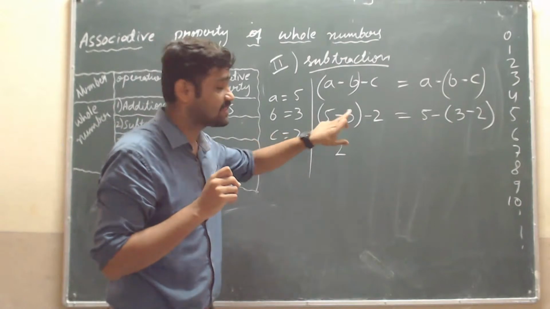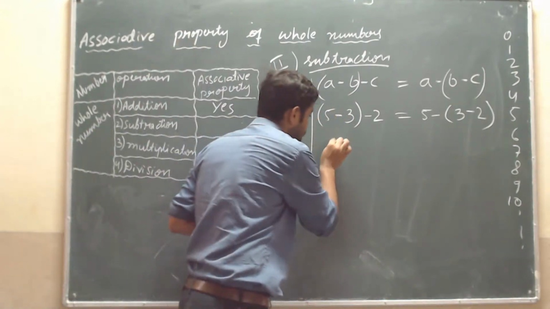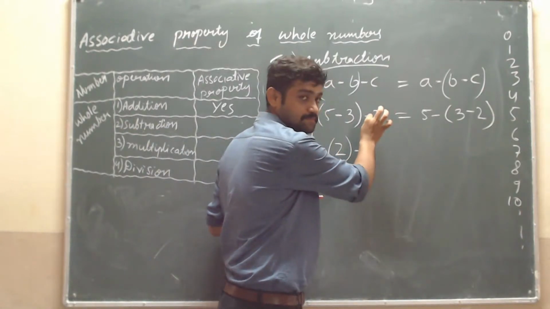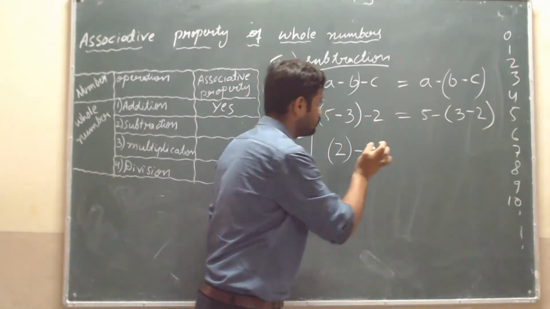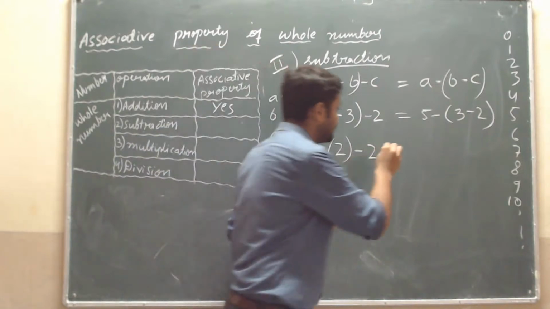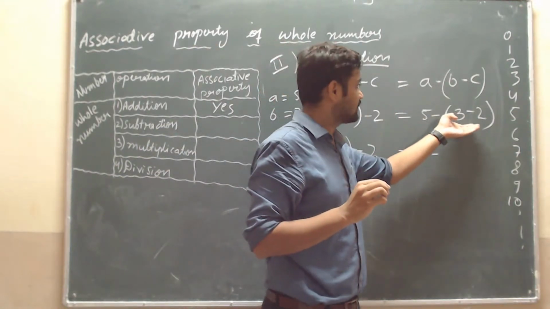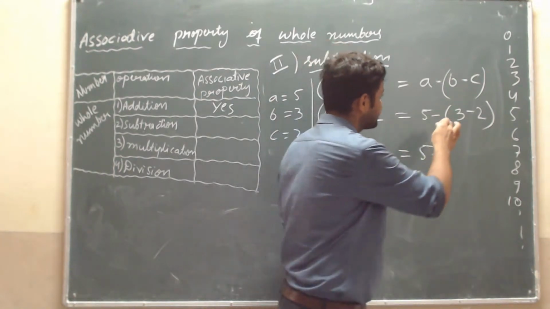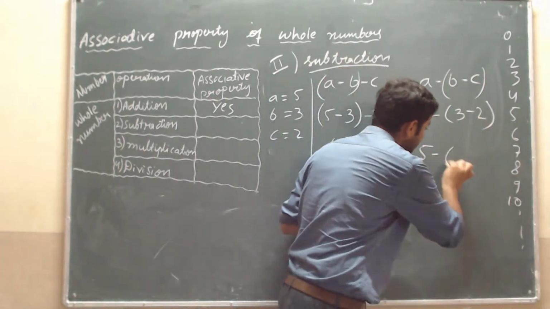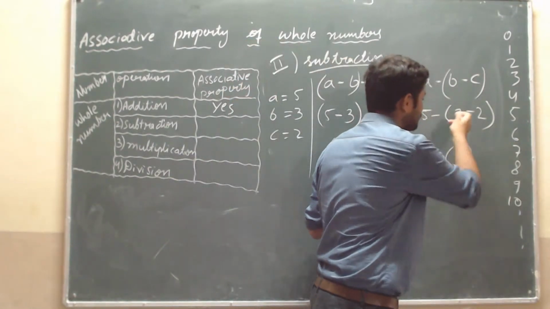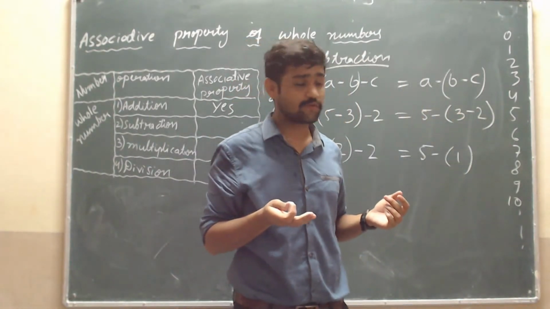Then bracket minus is there, 2 as usual 2. Here 5 is there as usual. First I will solve the brackets: that is 3 minus 2. What is the answer? Yes, that is 1.